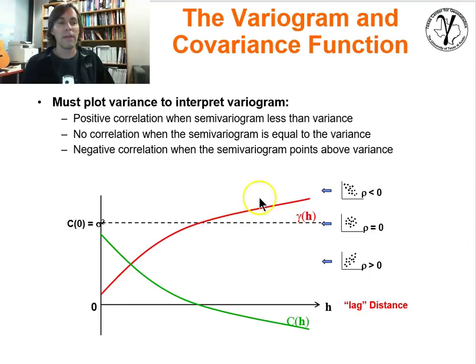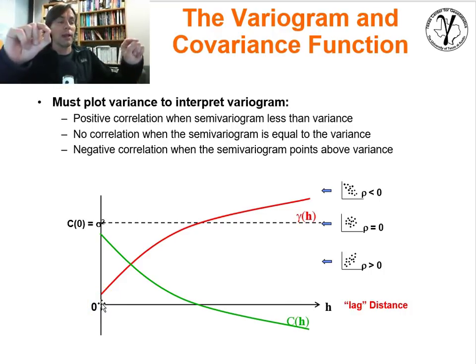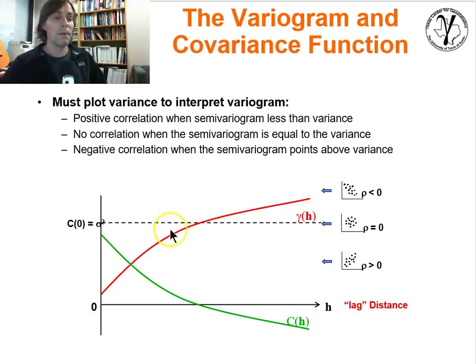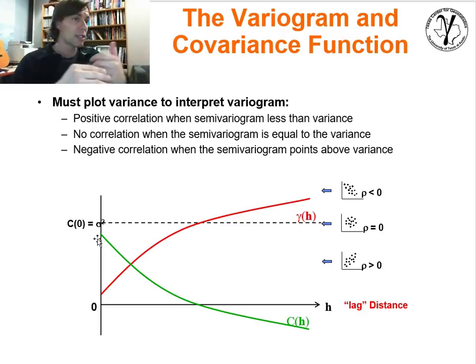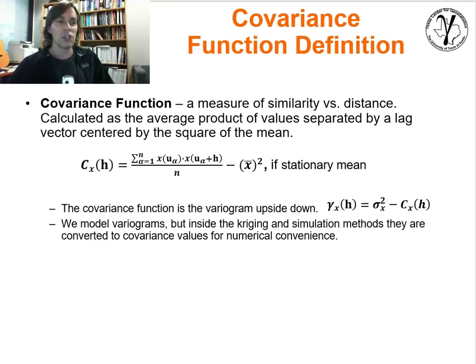So the red would be a variogram, and the green could represent a covariance function, and it makes sense because as you move further and further away, the degree of dissimilarity will go up, and the covariance, which should be highest at 0 distance when you're very close, will fall, as you move further away you would have less and less similarity. So that's relating them to each other.